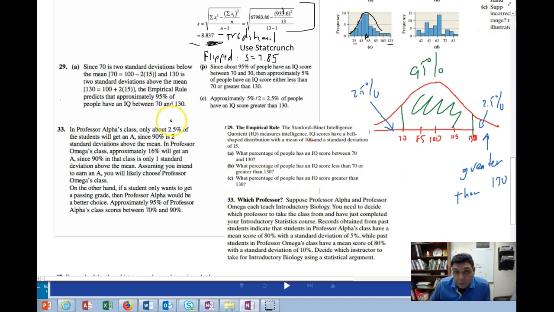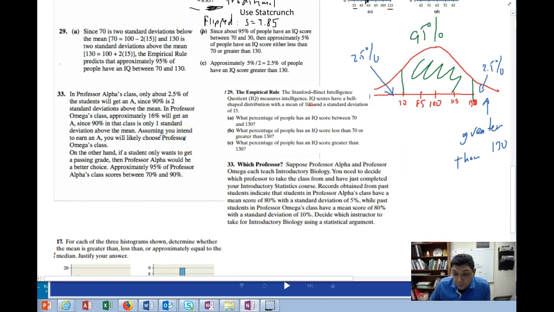Then number 33: suppose Professor Alpha and Professor Omega each teach biology, and we're trying to decide which professor to take. Records from past classes indicate that students in Professor Alpha's class have a mean of 80% with a standard deviation of 5, and the other class has a mean of 80% with a standard deviation of 10. Because the standard deviation is smaller in the first, the students are closer to the average, whereas with 10, students score 60, 70, 80, and 90.